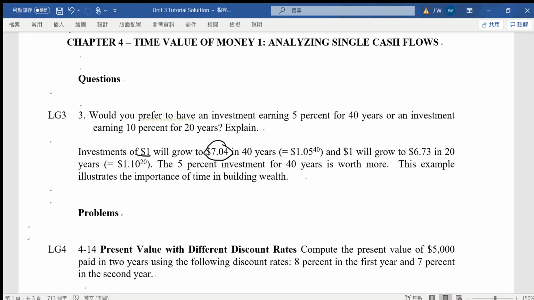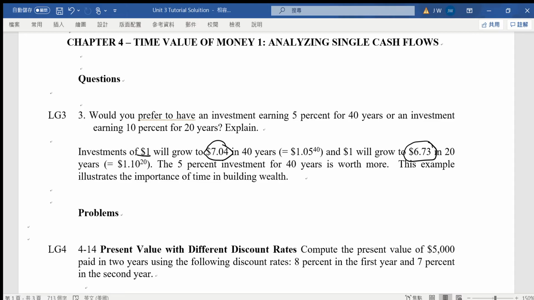Now we look at the second investment: this $1 under a 10% interest rate for 20 years will become $6.73 only.